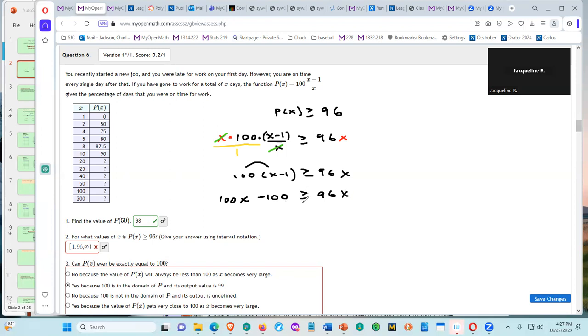We can get rid of x on one side by subtracting 96x from both sides. And we will also add 100 to both sides.